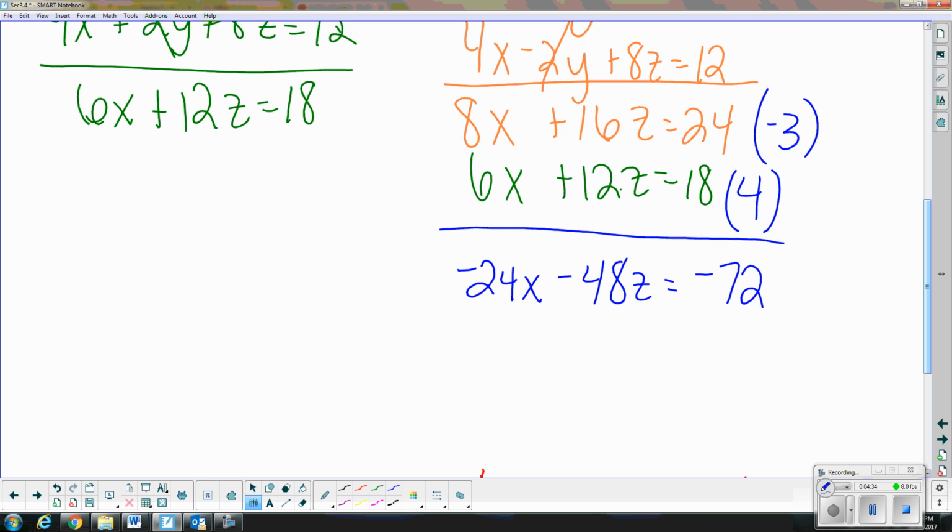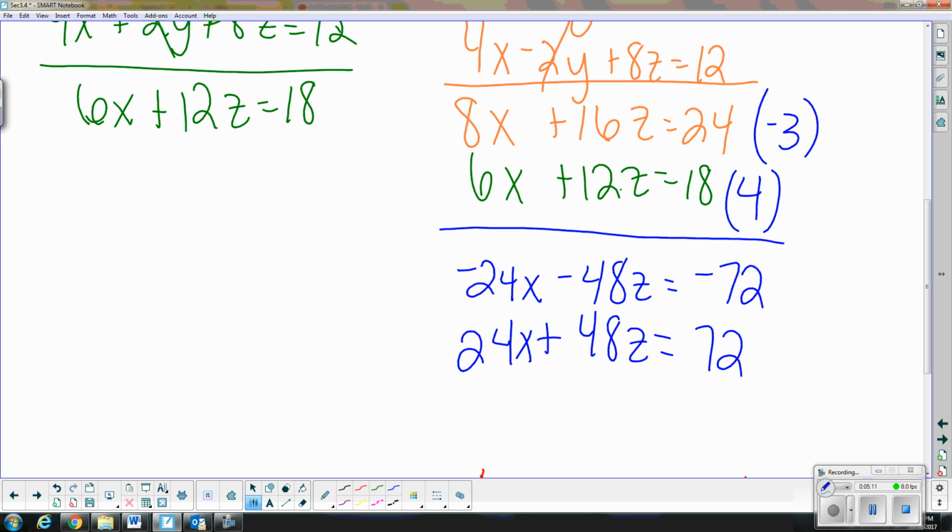And then the second one, 6x times 4 is 24x, plus 12z times 4 is 48z, equals 18 times 4 is 72.